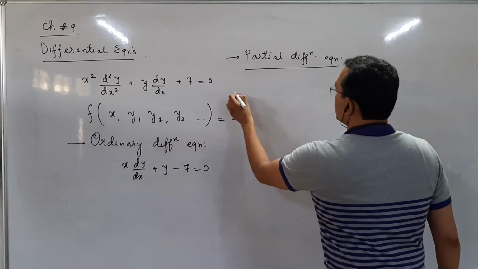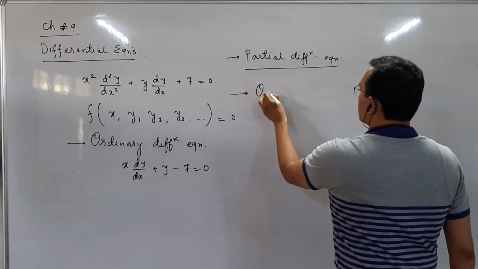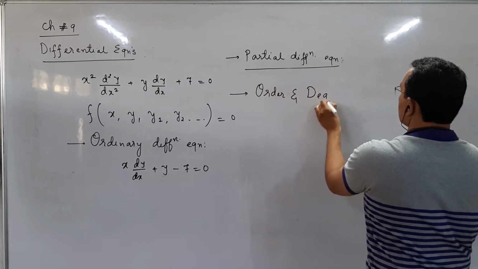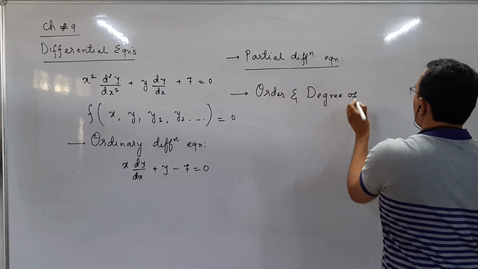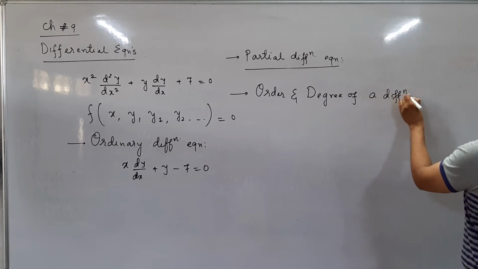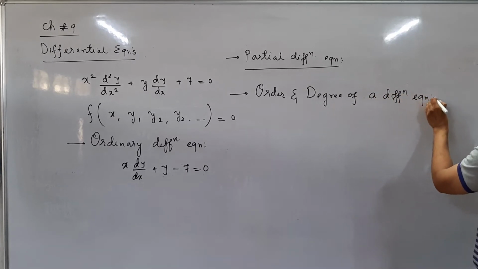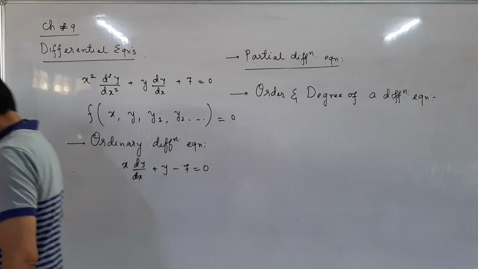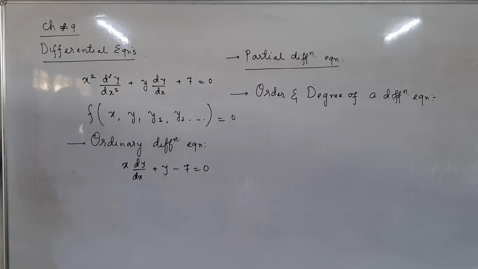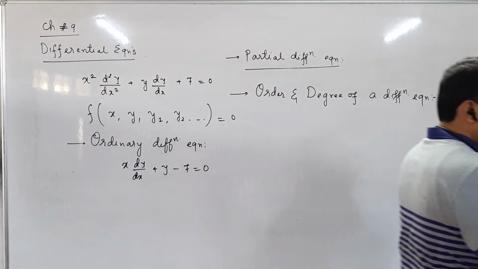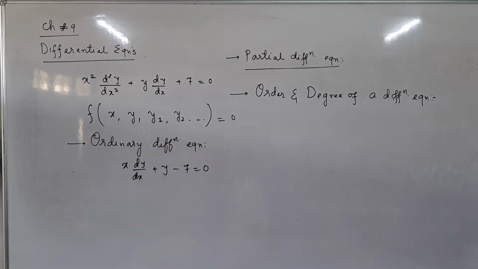Now, the next definition is order and degree of a differential equation. The next definition, students, which I am going to consider is order and degree of a differential equation.